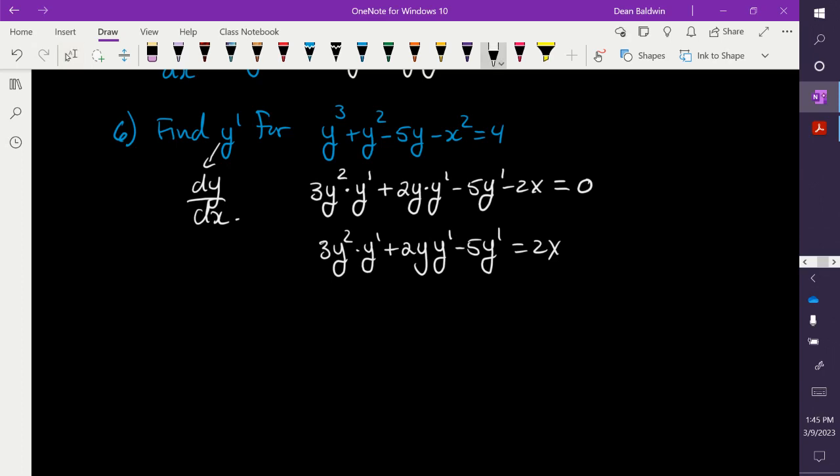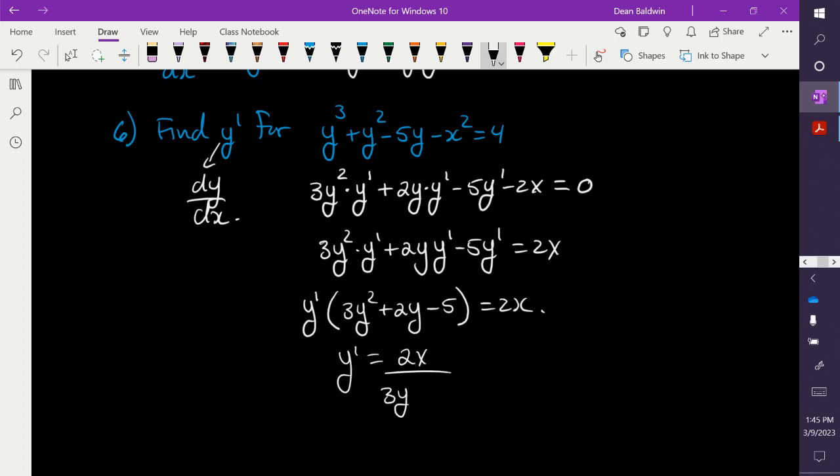Factor out a y prime. Final step. Divide it all off. And that is your derivative.